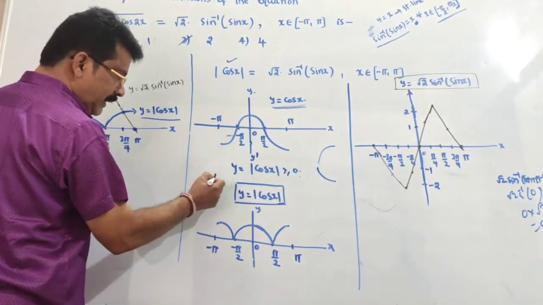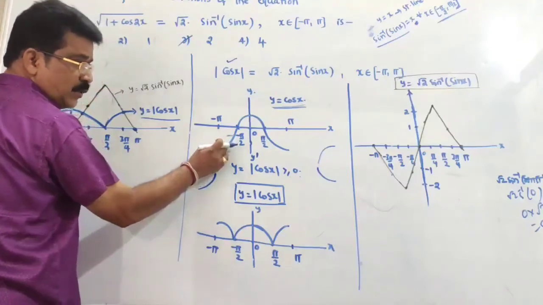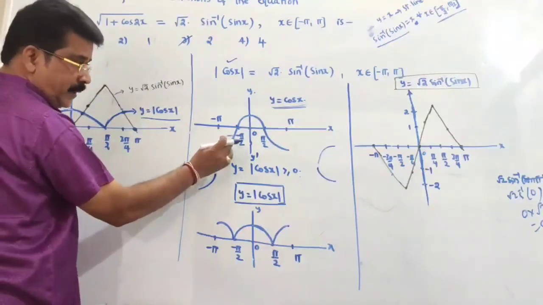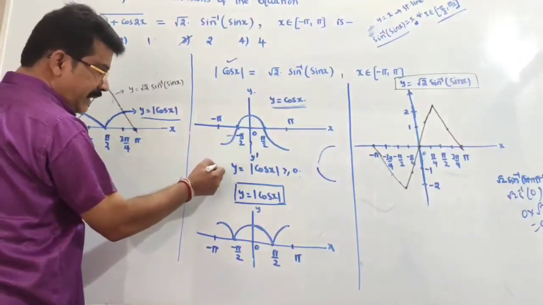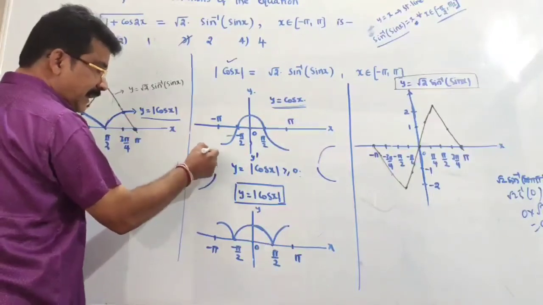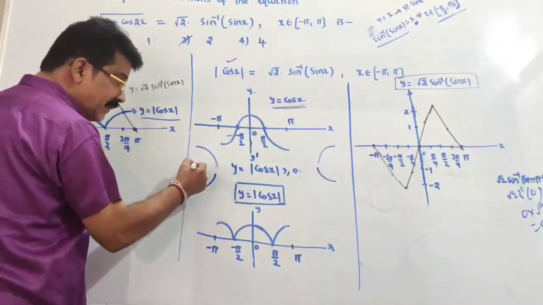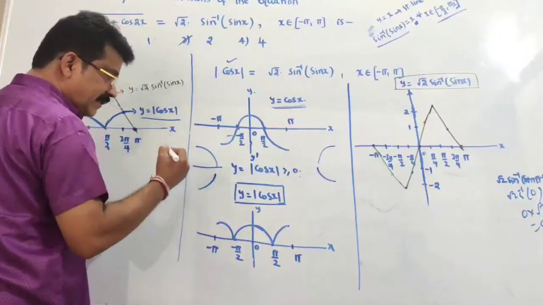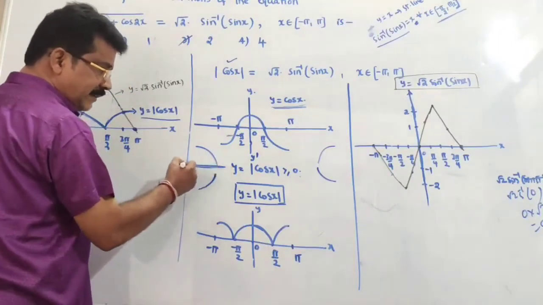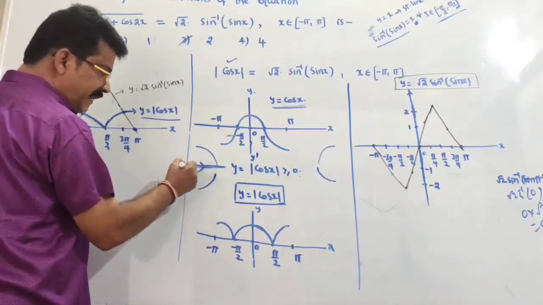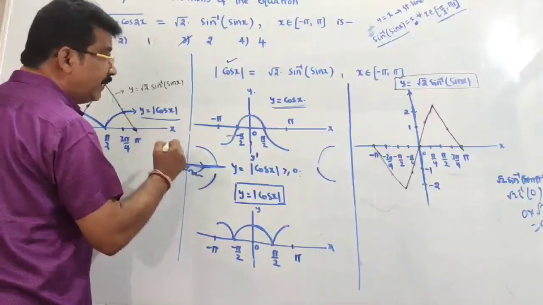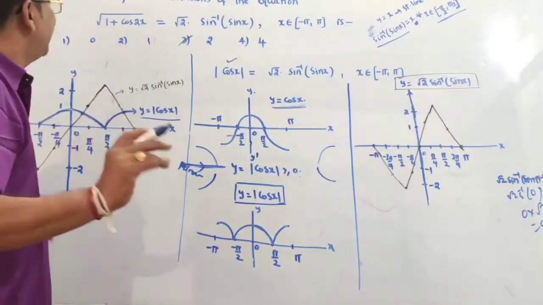Here also, the part of the curve towards y dash will be reflected like that. Reflected means with respect to the x-axis, where the x-axis is the mirror. Wait a minute.